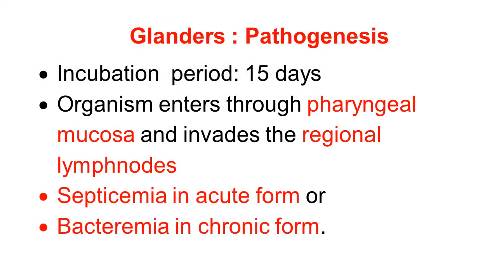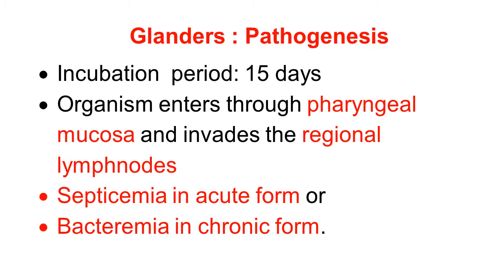In this slide we will discuss the pathogenesis of glanders. The incubation period is nearly 15 days. The organism generally enters through the pharyngeal mucosa and invades the regional lymph nodes. But there are many other routes also that we have already seen in the previous videos.